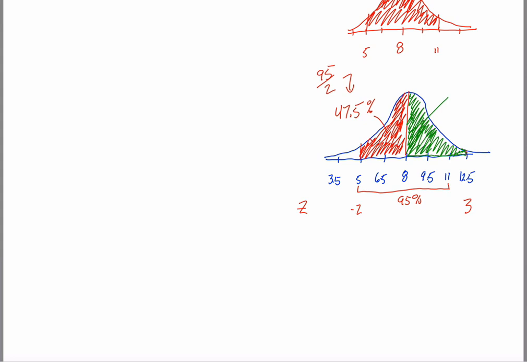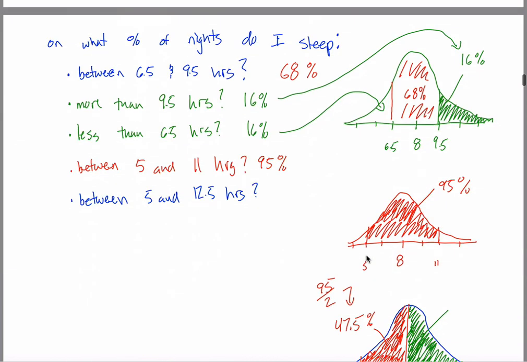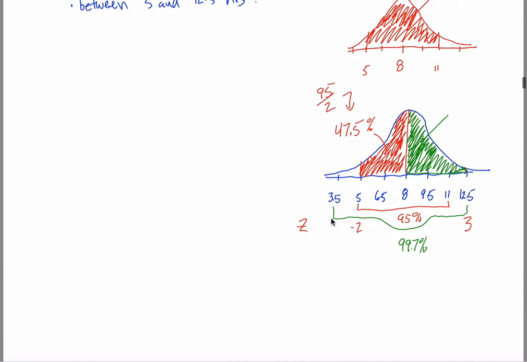And similarly, if the question had asked, how much area is there from 3.5 all the way over here to 12.5? If it asked you that, you'd say 99.7%, because that's the third statement in your empirical rule. 99.7% of the area under the curve lies within 3 standard deviations of the mean. So from -3 to +3 z-scores is 99.7.